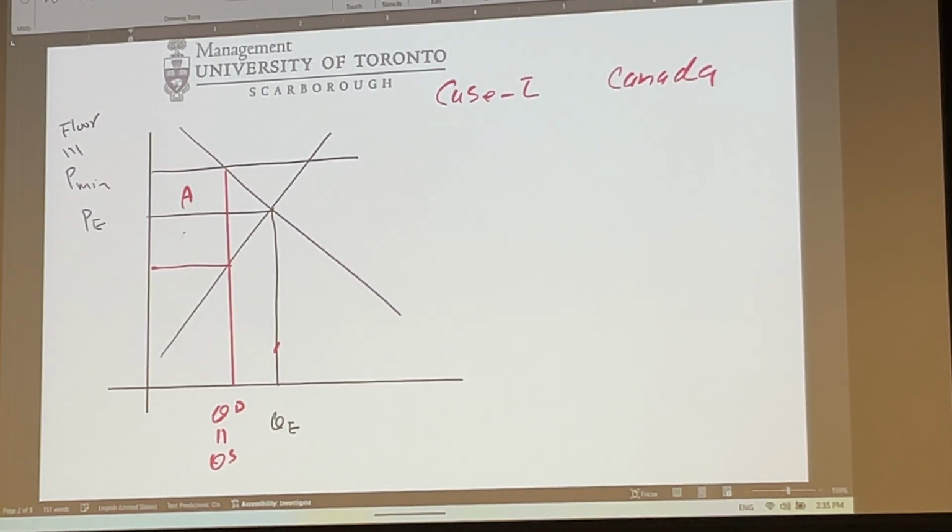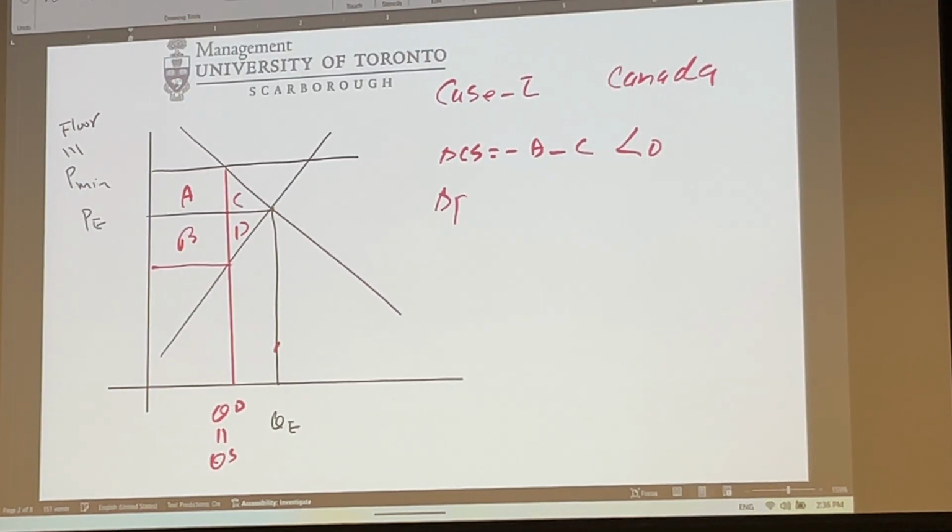Let me call it A. They pay a higher price. They lose C because they buy less. The price floor is not trying to help the consumer, obviously. It's an attempt to help the producer, not the consumer. The consumer is going to lose on both ends. Right? They buy less at a higher price.